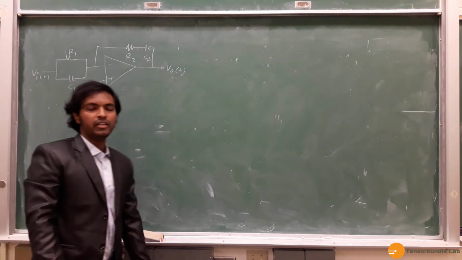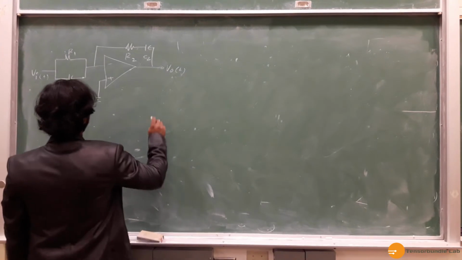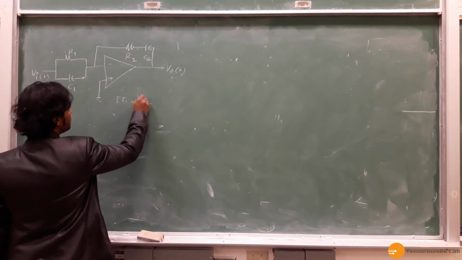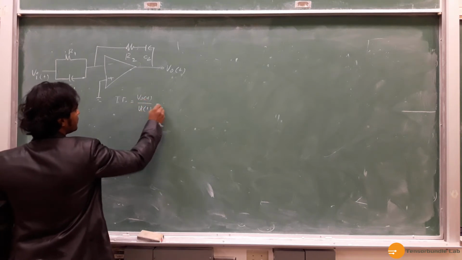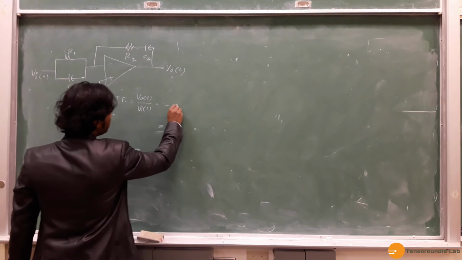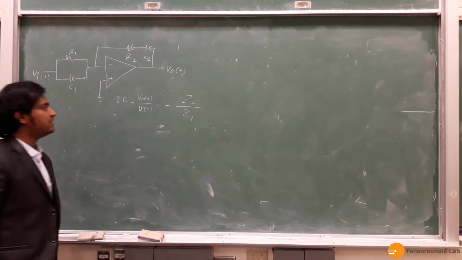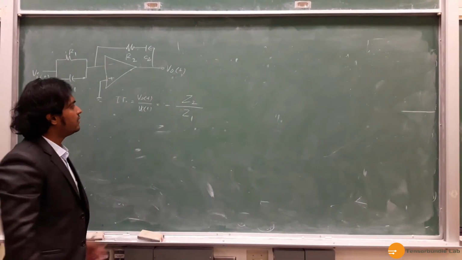Now if you recall the theory of op-amp, we know the transfer function of op-amp is defined as the output over the input, which is negative of Z2 over Z1. Now Z2 and Z1, they are actually impedances of what?